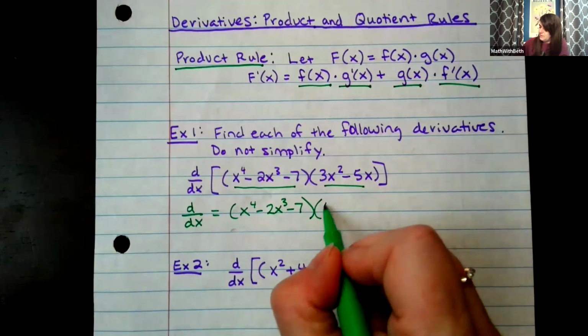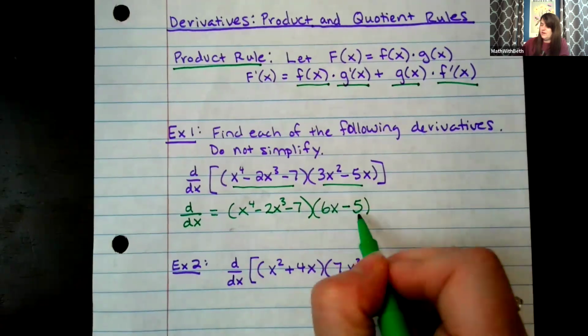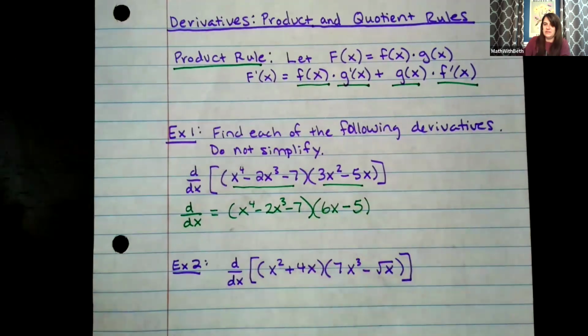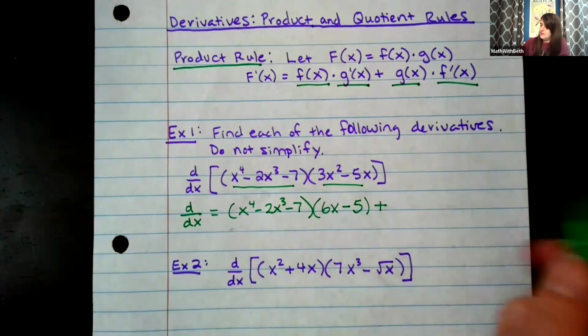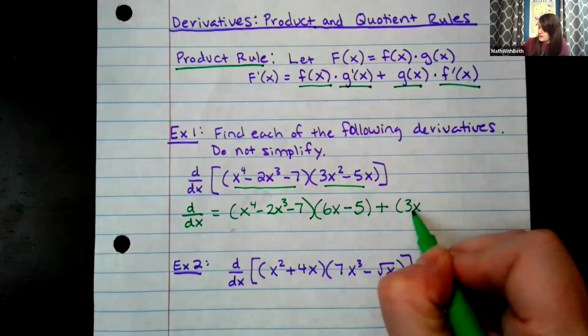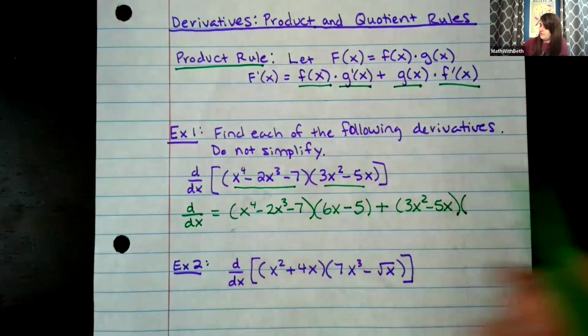So here's where I'm going to need the power rule. So if you don't know how I got from here to here using the power rule, definitely stop and watch that video first. Plus the second function as it is times the derivative of the first.